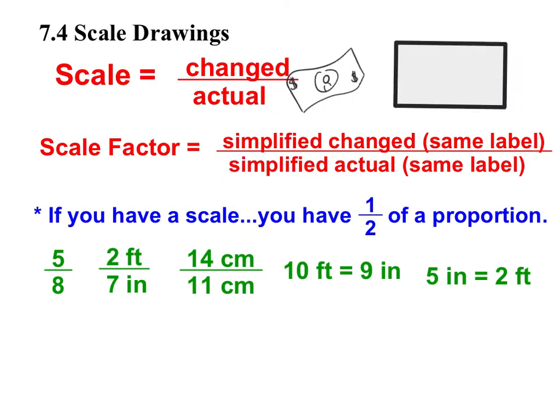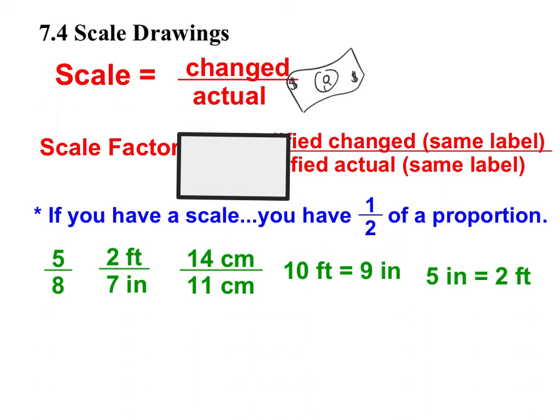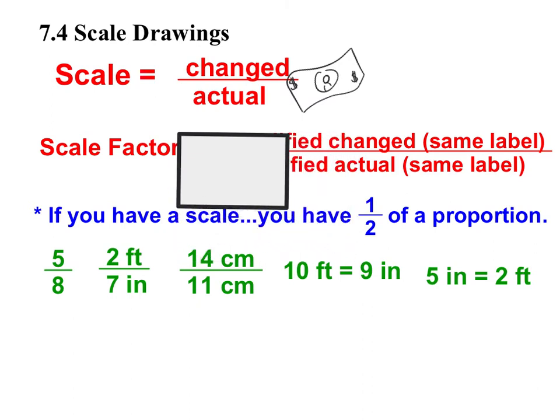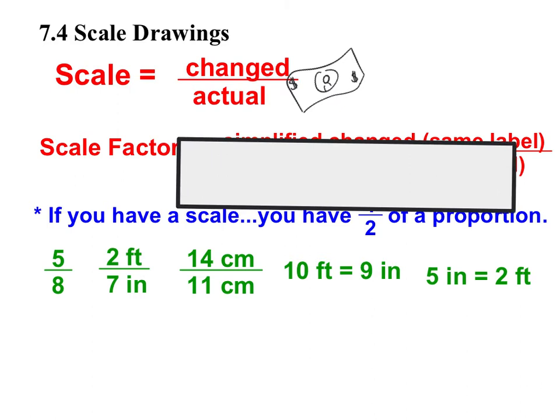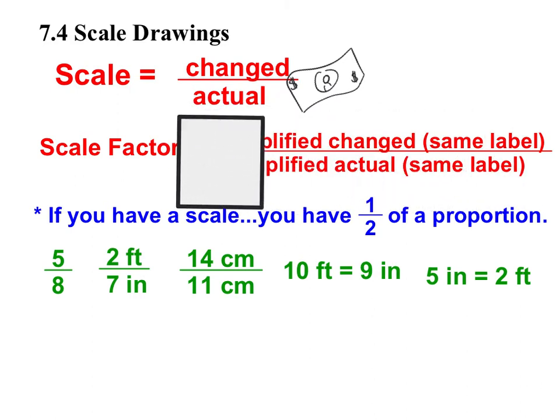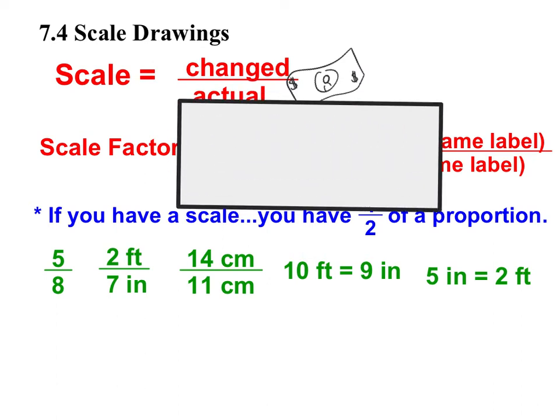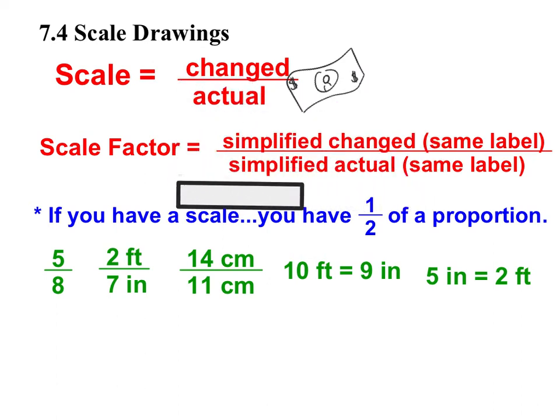If I did change this rectangle, but changed it not proportionally. So here's a proportional grab when I grab that corner and drag that corner up and back. But if I drag the corner too far one way, now I have a rectangle that is changing the ratio of length and width. This is not a proportional growth.